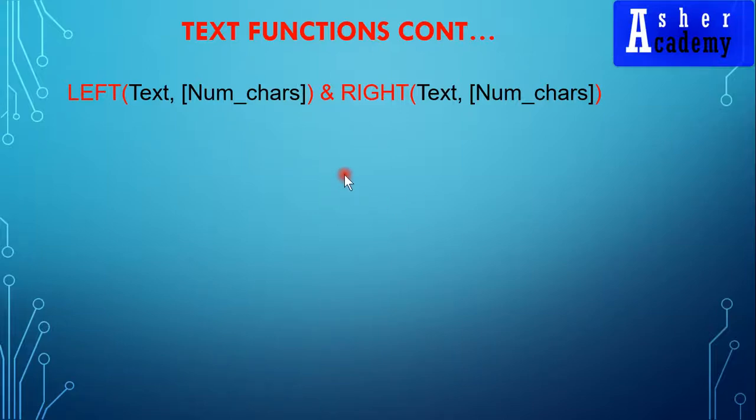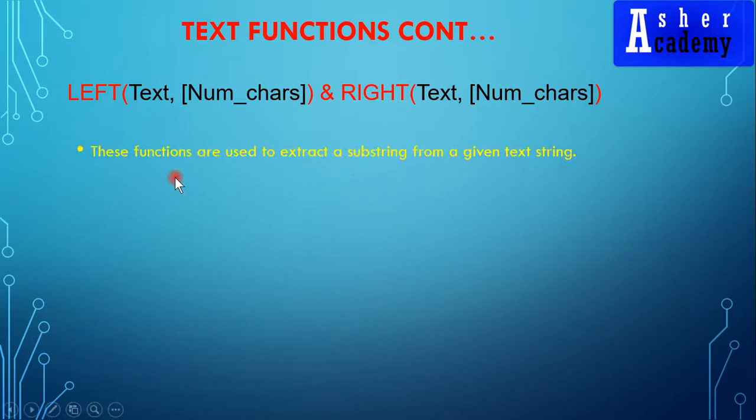In this lesson, I'm going to talk about the other two text functions, called the LEFT function as well as the RIGHT function. These functions are used to extract a substring from a given text string. They accept two arguments, with the first compulsory and the second one optional.